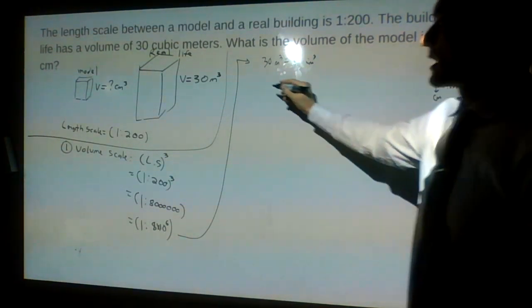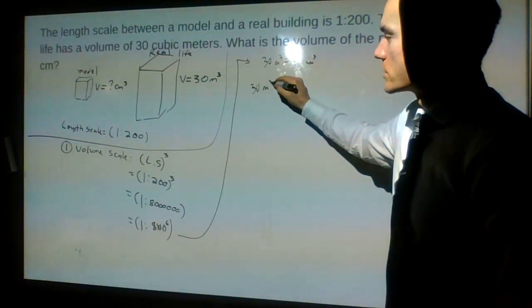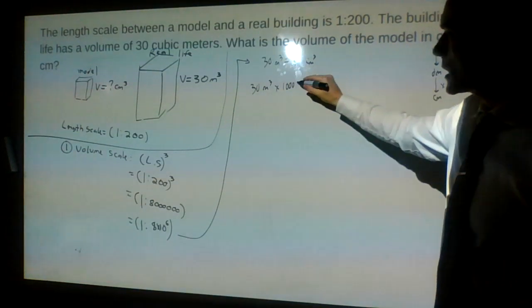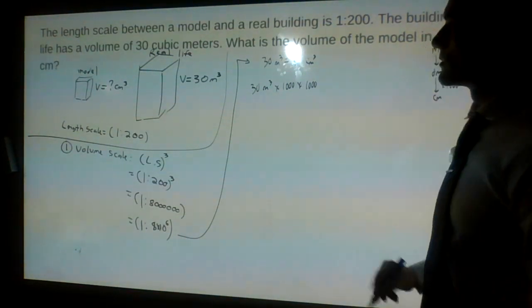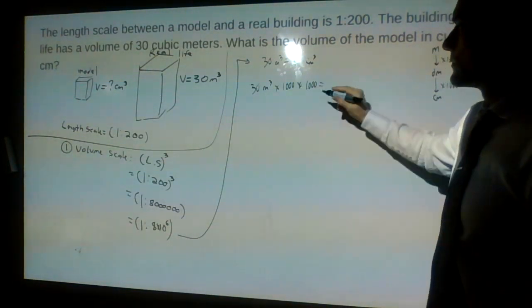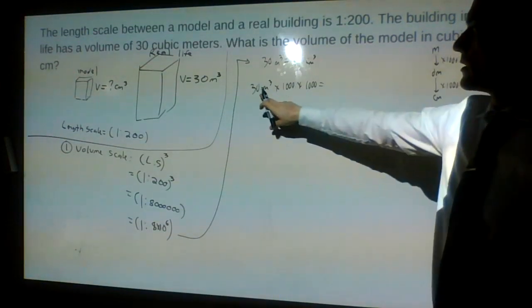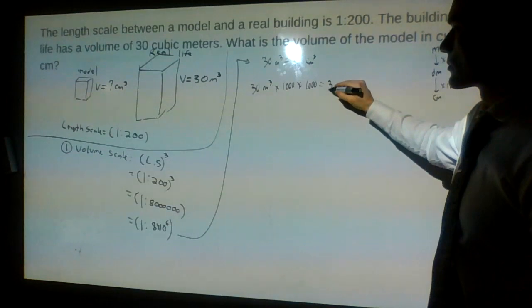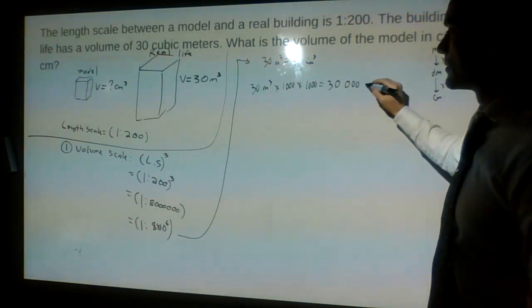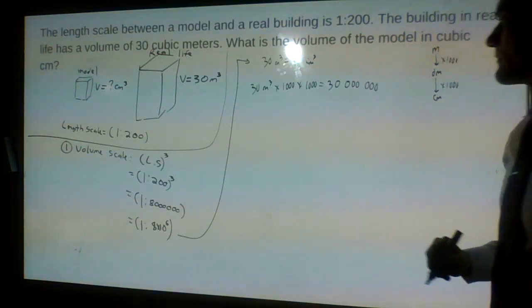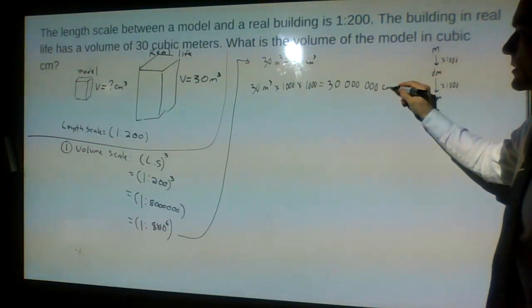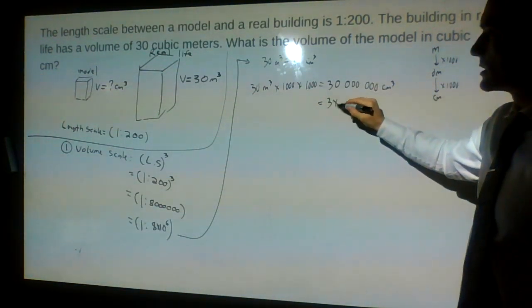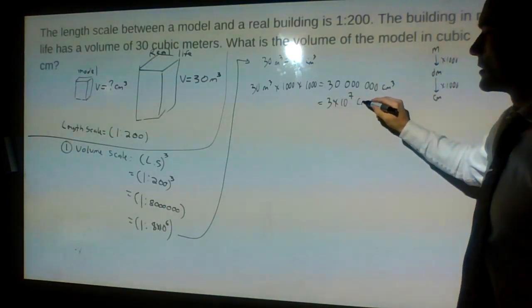So it's 30 meters cubed times 1,000 times 1,000, and that gives me 3 with 7 zeros, so 30 million. This is now centimeters cubed, or in scientific notation, 3 times 10 to the 7 centimeters cubed.